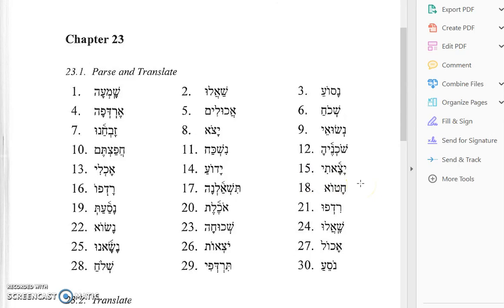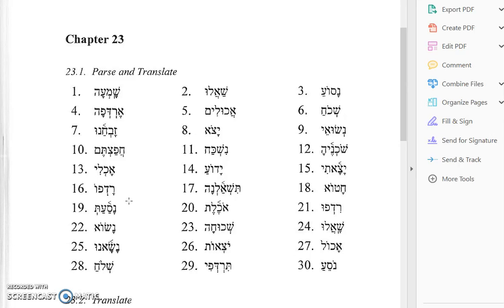Yatsati, that's a Qal perfect, first common singular, I went forth. Radafo, actually that'd be rodfo. That would be your Qal infinitive construct plus a third masculine singular suffix.